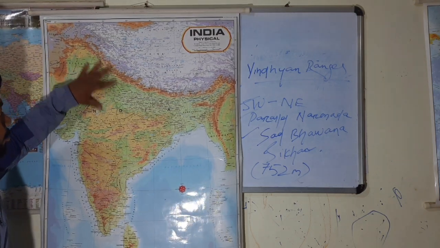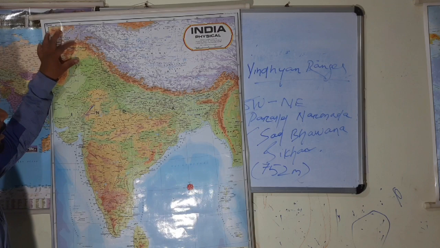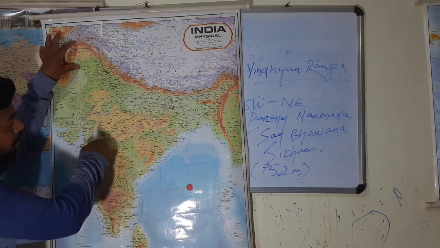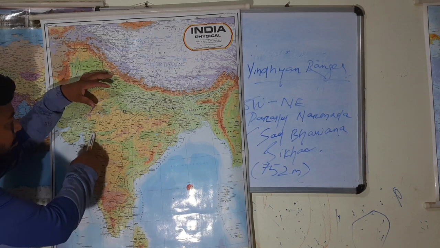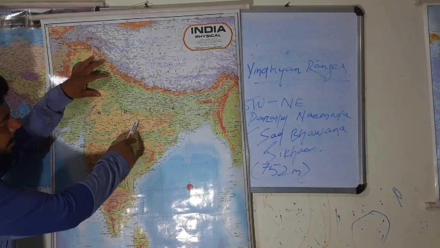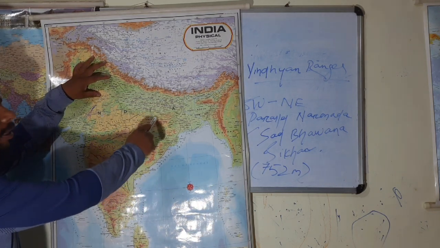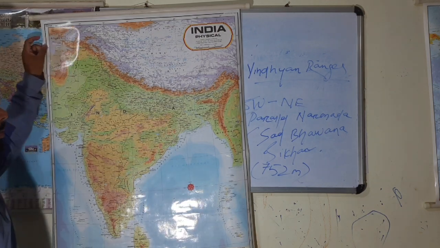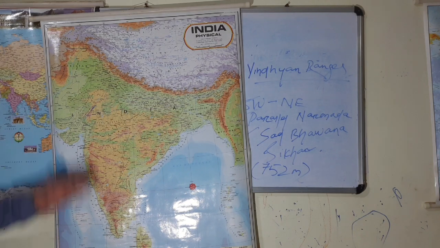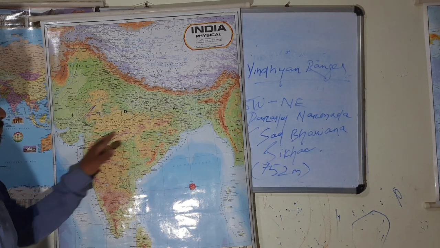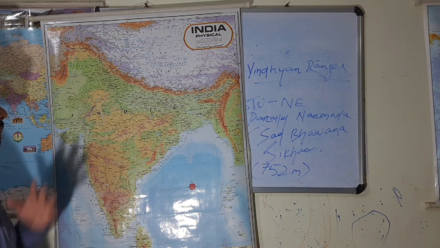Okay, so the Vindhyan range extends from southwest to northeast. State-wise, mainly from the southern part of Gujarat to Madhya Pradesh, then Jharkhand, Chhattisgarh up to Bihar, right? And it is mainly a discontinuous range, and it is parallel to the river Narmada.